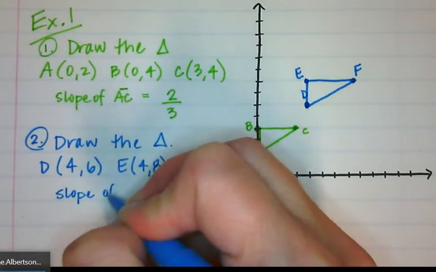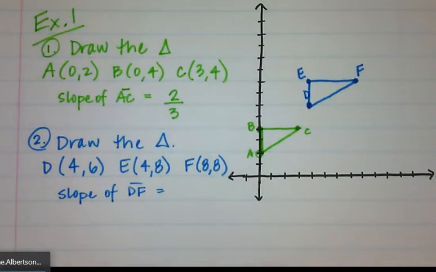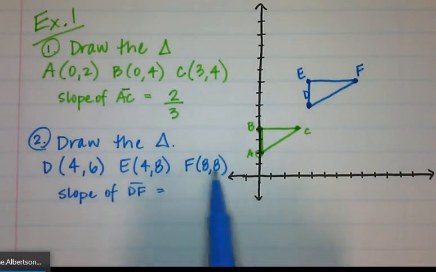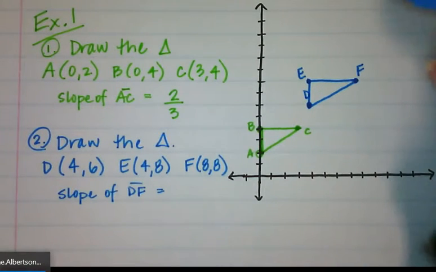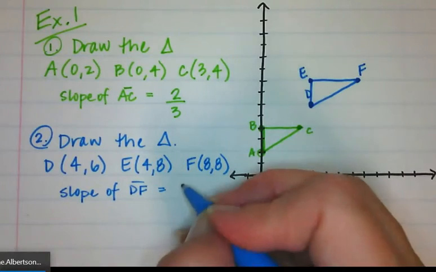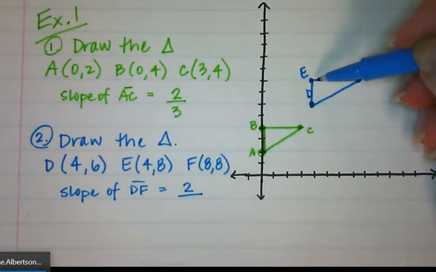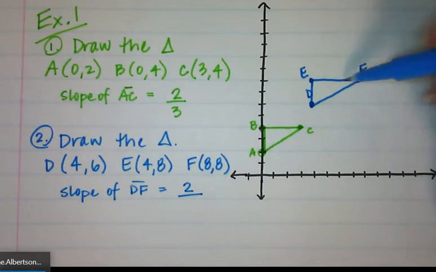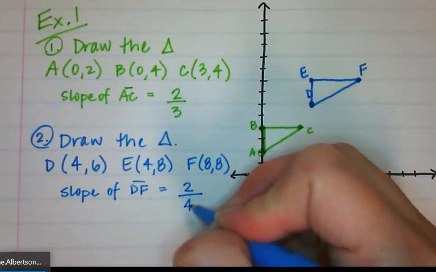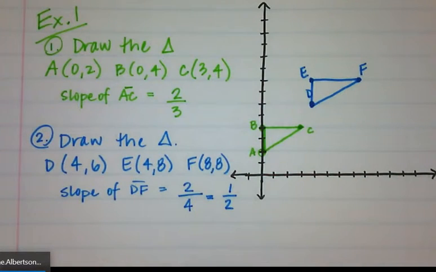So slope of DF. All right, so again, we can subtract the ordered pairs if you want to do it that way. I'm just going to count. So the rise is 2. So rise over, and the run looks like it went from 4 to 8, which would be 4. And then we can reduce that to 1/2.